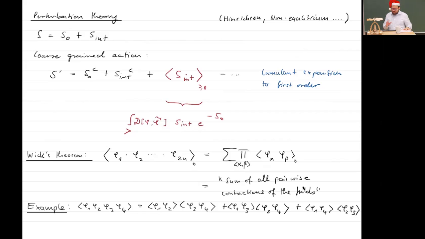So the first step is to say, okay, we expand our action to first order. That's called the cumulant expansion.